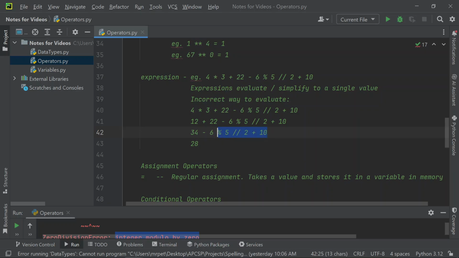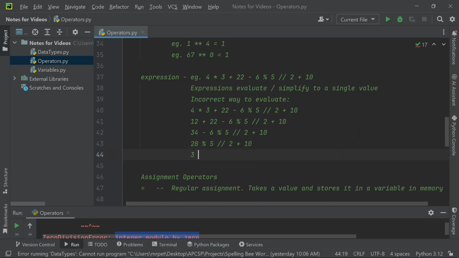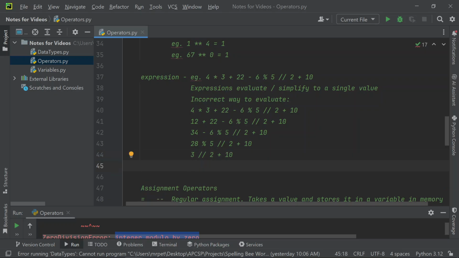We're just working our way left to right. This is going to produce an error. So think about what is wrong with what I'm doing here. 3 divided by 2 is going to be 1.5. We drop the .5, so it's just 1, and we get 11.